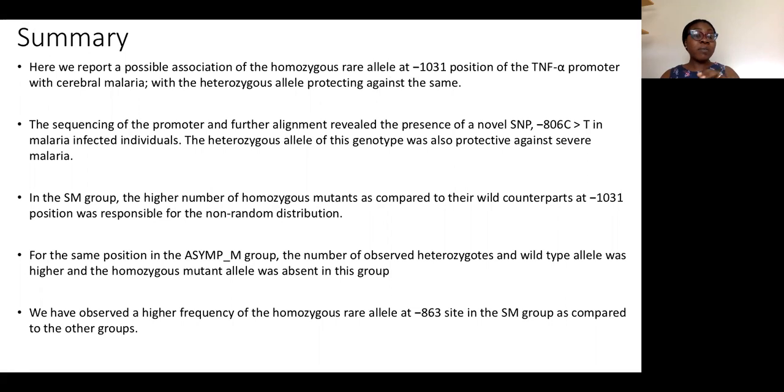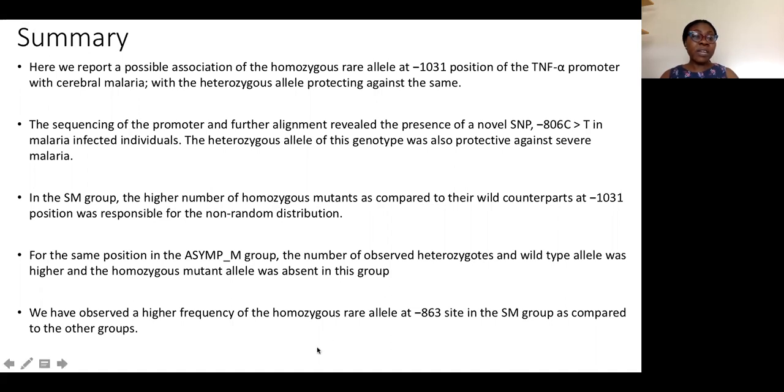Now, for the same position, 1031, in the asymptomatic group, the number of observed heterozygous and wild-type alleles was higher, and the homozygous mutant was practically absent, showing the protective effect of the homozygous wild type and the heterozygous mutant.